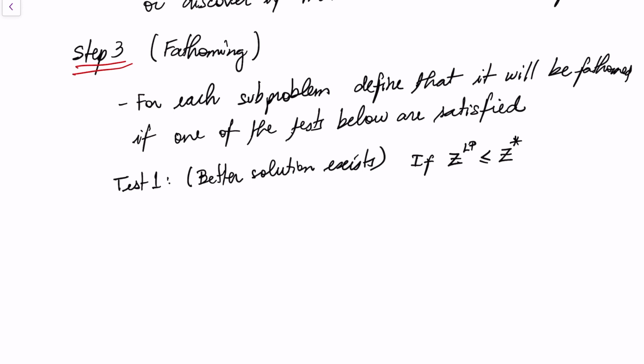So again, here this Z denotes the incumbent solution to the IP.